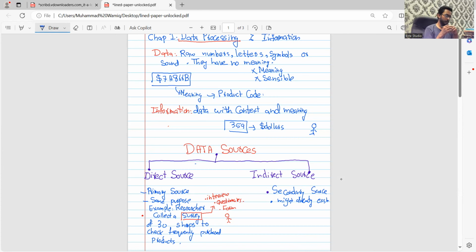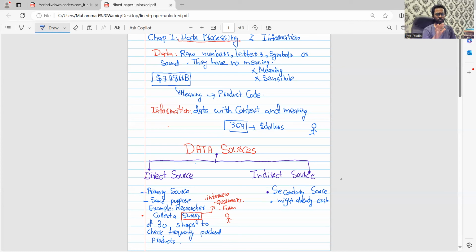For example, if I ask you to write an article on students or teaching and learning, you are going to go through some newspapers or some articles, right? So when you are going through those articles and those newspapers, those are not the primary sources because you have not created them.